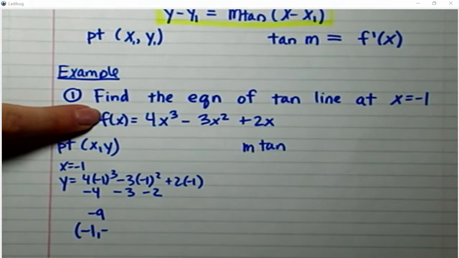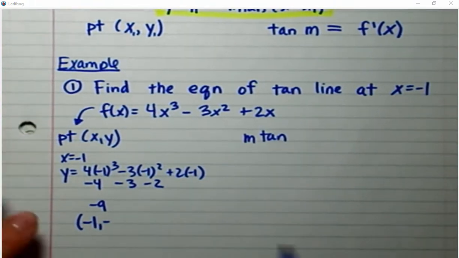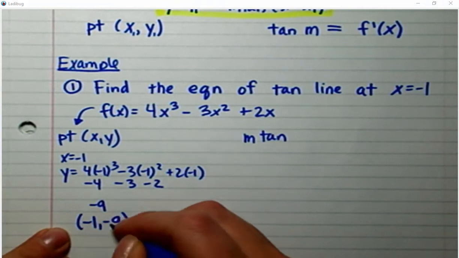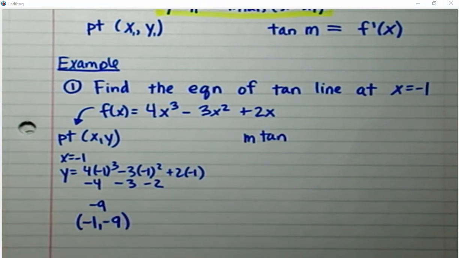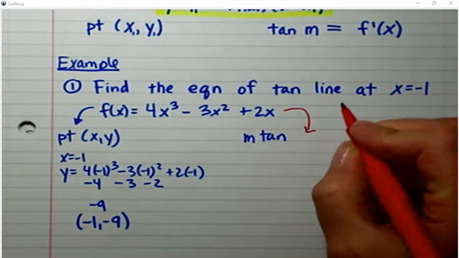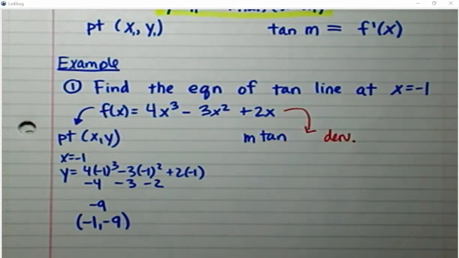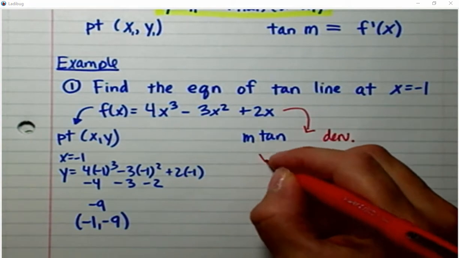Okay, so I took f of x, and to find the point, I plugged in -1. So my point is -1, -9. Now, tangent slope. Tangent slope comes from the derivative. So I'm going to do the power rule.